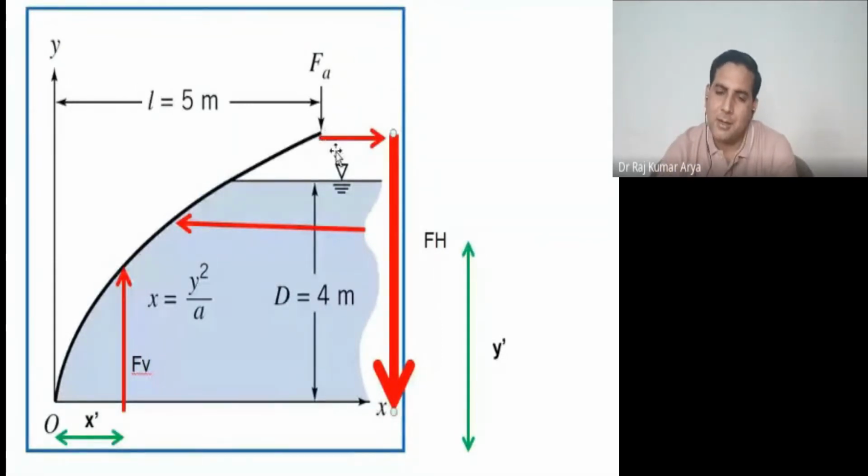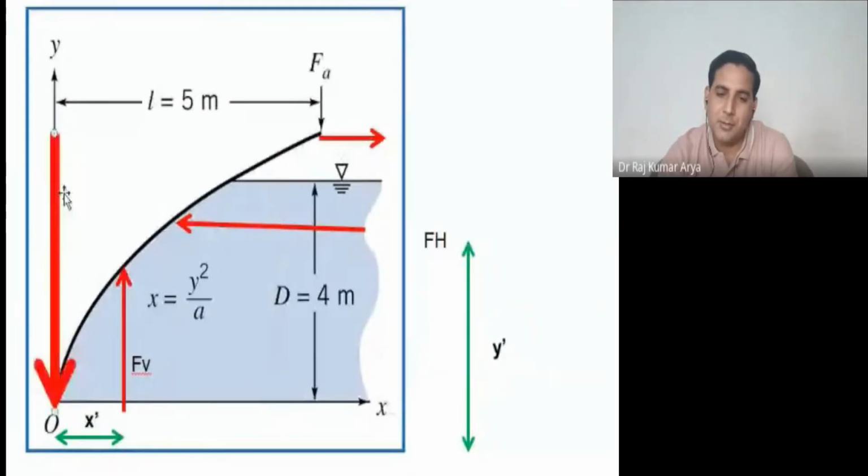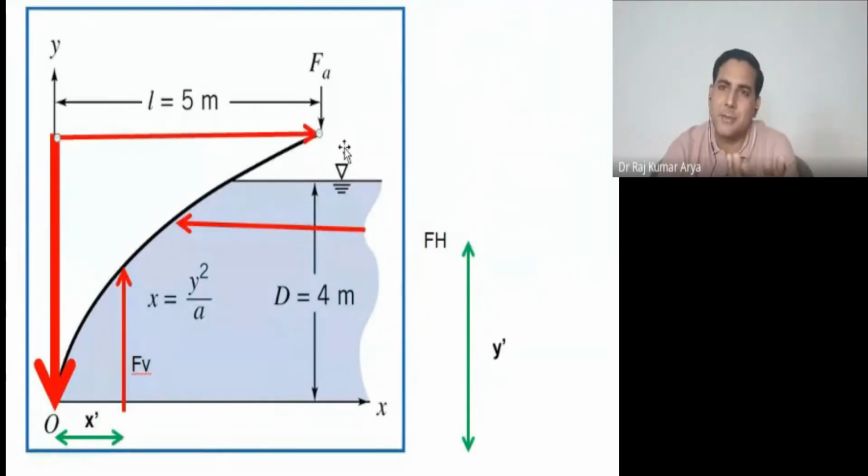Another way is possible. You can also put this pillar here and somehow you can apply this force from this side. That is possible. We are talking about the practical consideration point of view. So it is possible that you can put a pillar here and tie it from here with either a chain or a rod, right? That could also be possible.